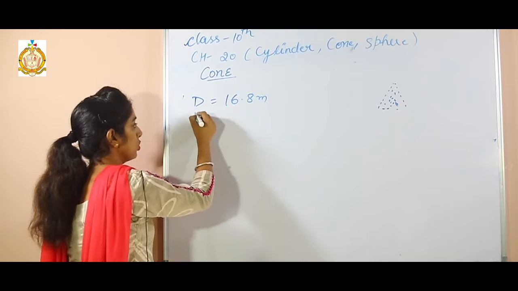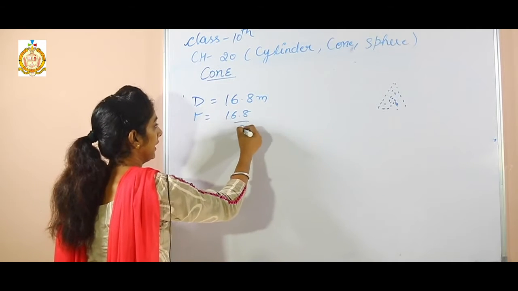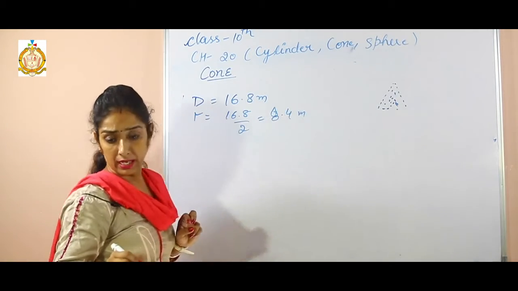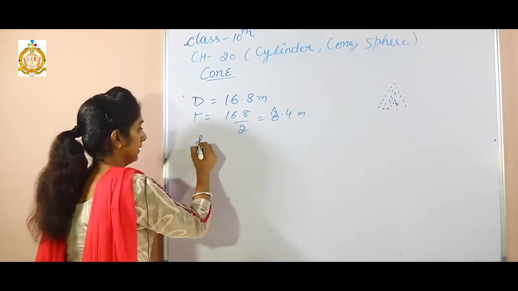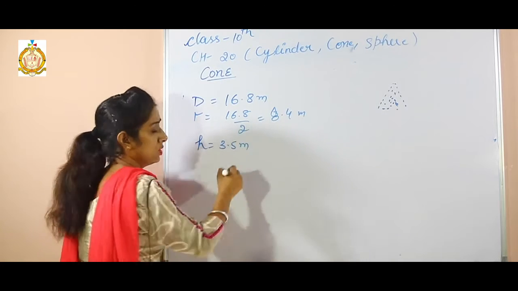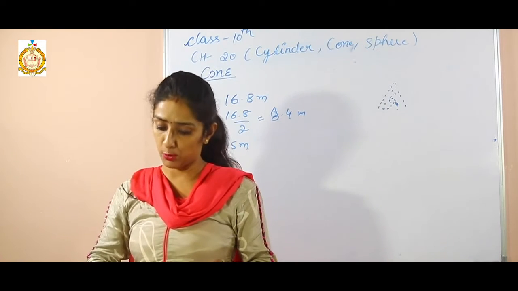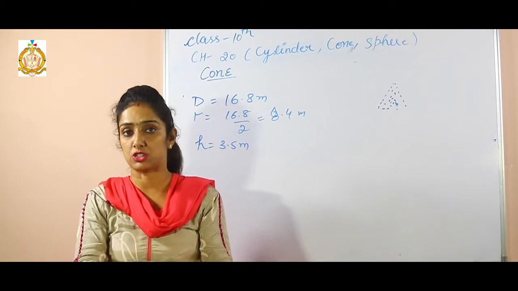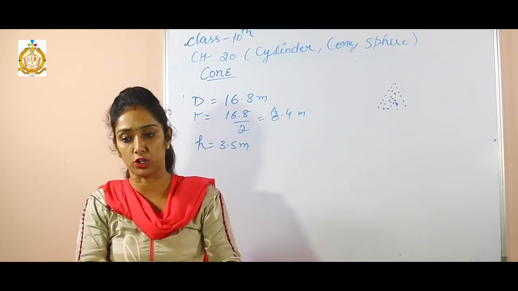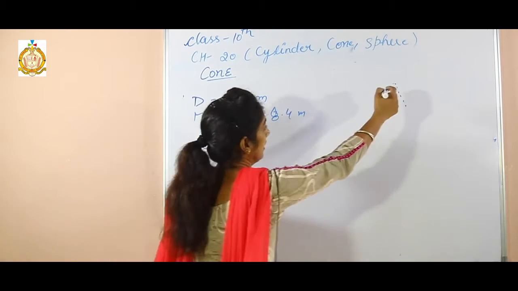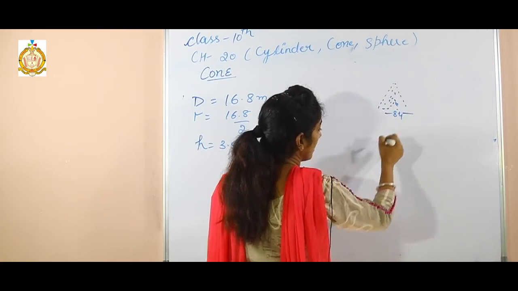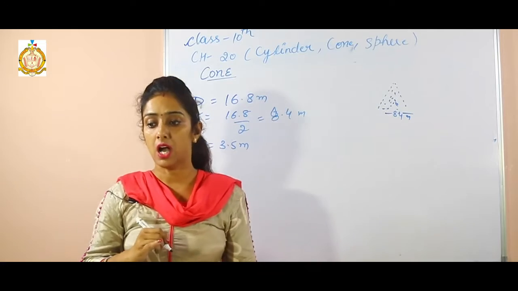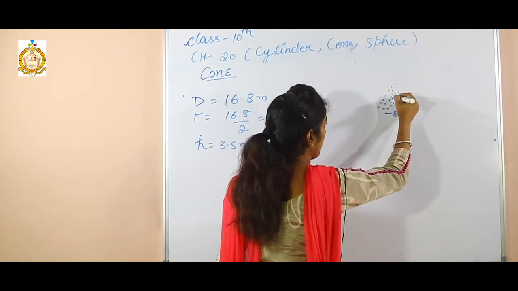The diameter is 16.8 meter, so its radius is 16.8 by 2, which is 8.4 meter, and the height is 3.5 meter. How much cloth is required to just cover the heap? First of all we have to find the volume. Radius is given, that is 8.4 meter, and height is given, that is 3.5.